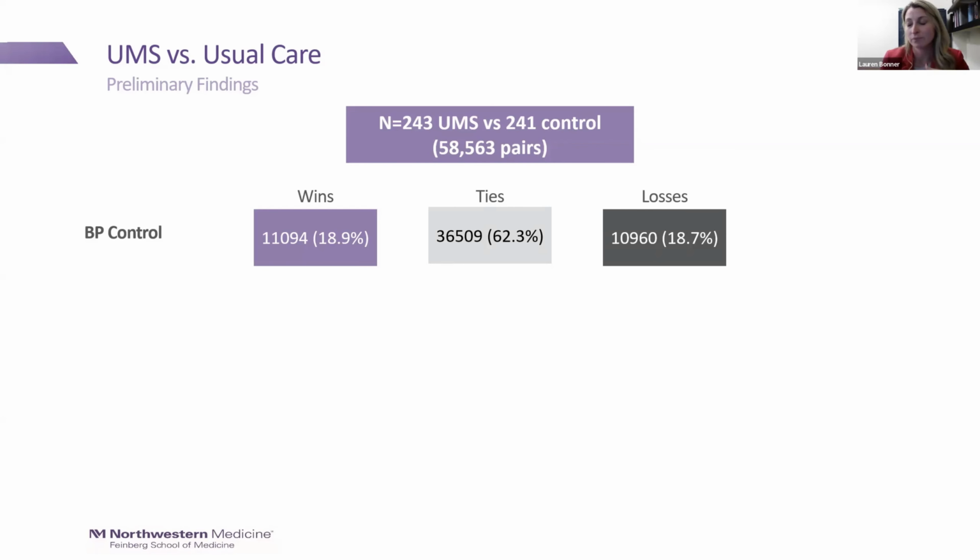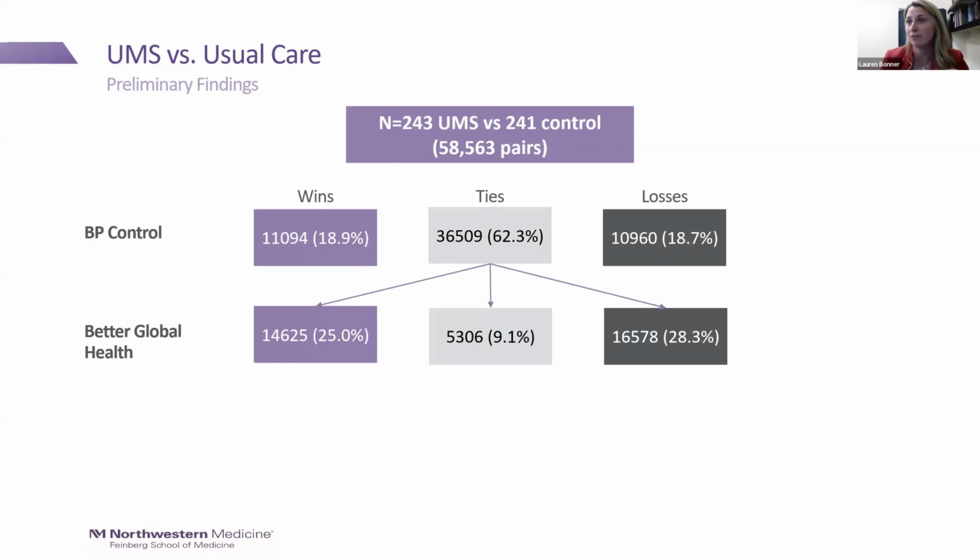And then for 62% of these pairs, they either both had blood pressure control or they both did not have blood pressure control. So then we moved to our second endpoint for those tied pairs and looked at the PROMIS Global Health. And for 25%, there was a better PROMIS score for the UMS participant, and for 28%, there was a better PROMIS Health score for the control participant.